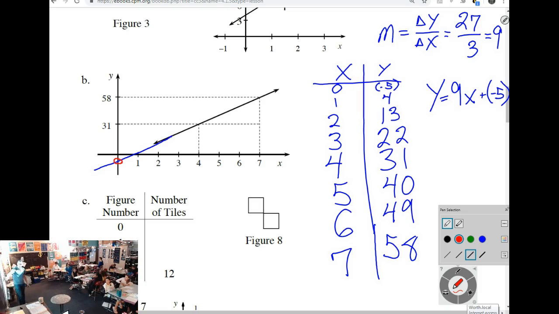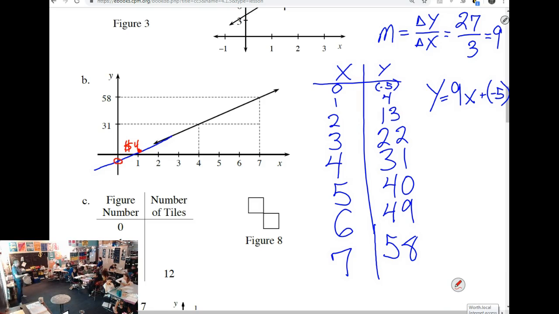But as soon as I mow the grass once, I then have $4 of profit that I made. Right, I paid her back the 5, and now I have 4. Then every time I mow, I gain $9 more. We can make a real situation that would make sense with it. You just have to decide, what do I use the negative as? Negatives are nice to use as like owing money or like in debt to something.